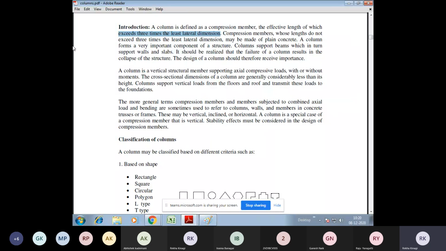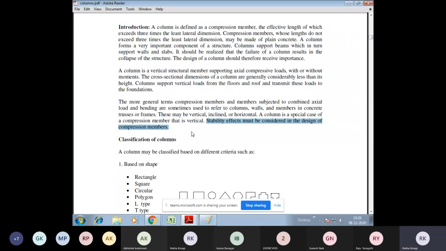In the case of a column, we have the vertical member, and the stability effect must be considered in the design of a compression member. This is the criterion we need to consider utmost. The stability of a compression member is of utmost importance in the design.